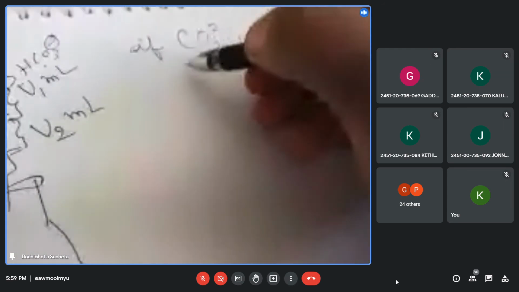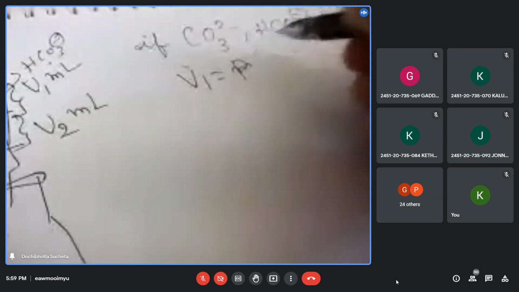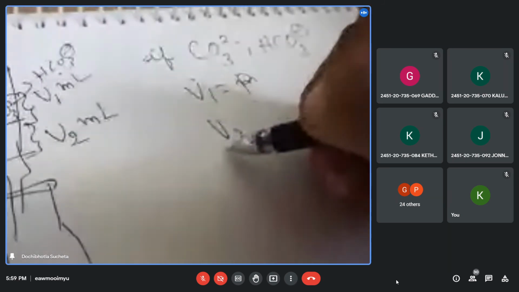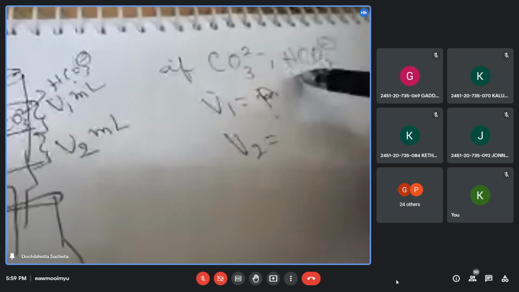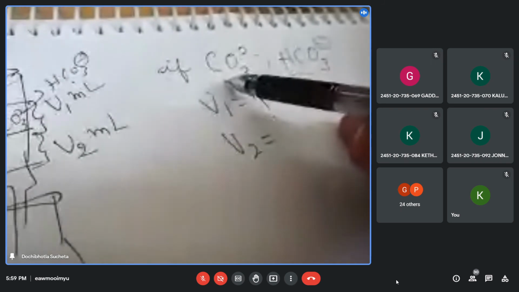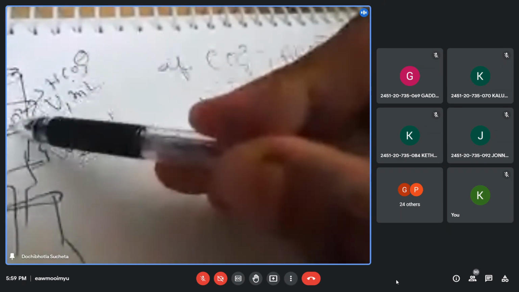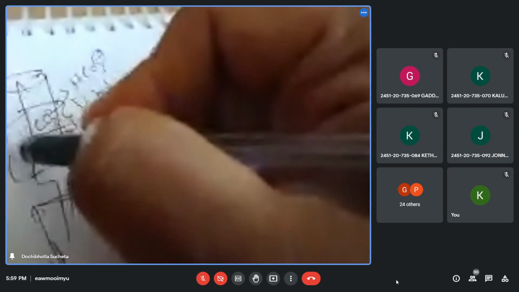Now I know that V1 is equal to P, which is the phenolphthalein endpoint, and V2 ml shows the neutralization of the carbonate that was initially present plus the bicarbonate that was initially present and the bicarbonate from the carbonate. Total, I'll take it as M.